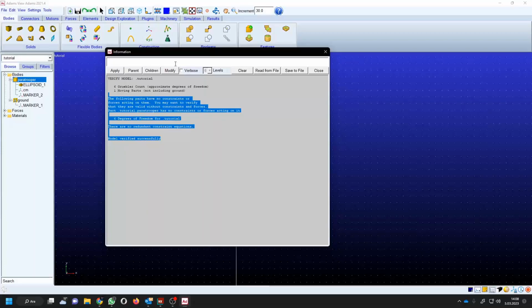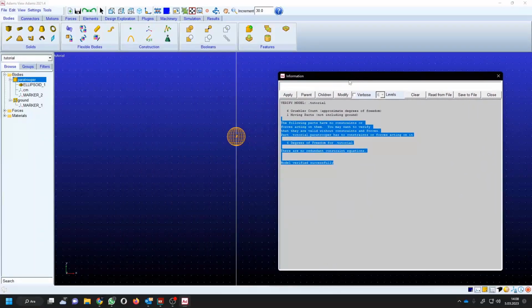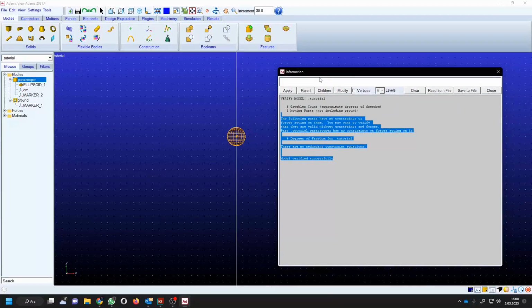This was expected because we know that a single rigid body in 3D space has 3 translational and 3 rotational degrees of freedom, so in total 6 degrees of freedom if I do not have any joint.